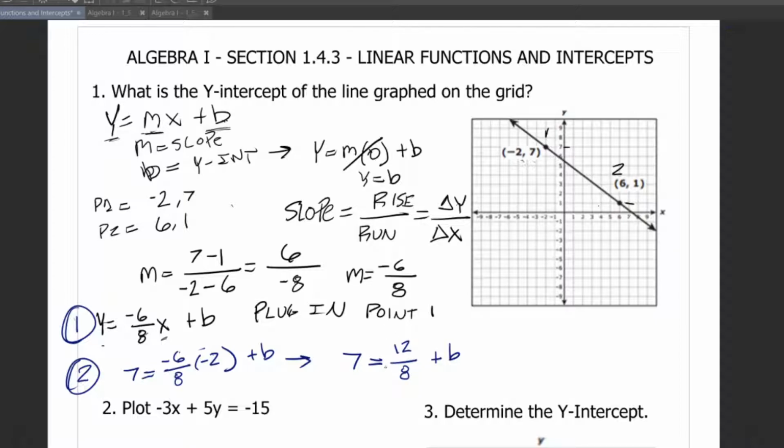So let me simplify this. It's going to be 8 over 8 plus 4 over 8. So 1.5, right? So 7 equals 1.5 plus b. We're going to subtract 1.5 from both sides. b equals 5.5.